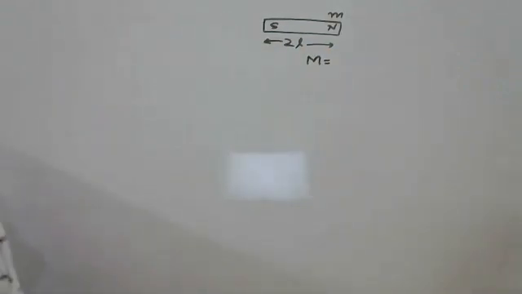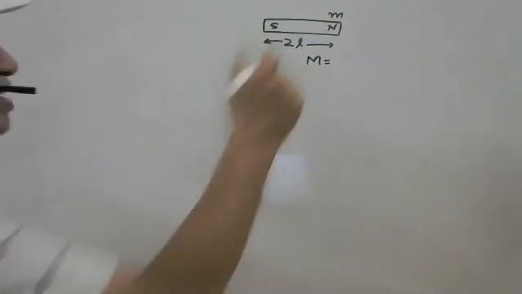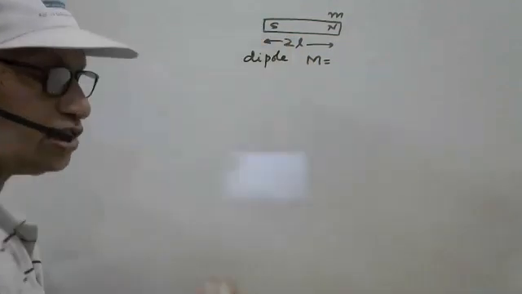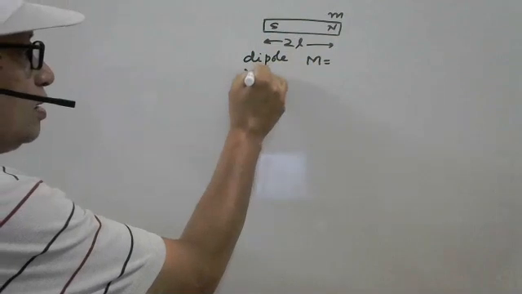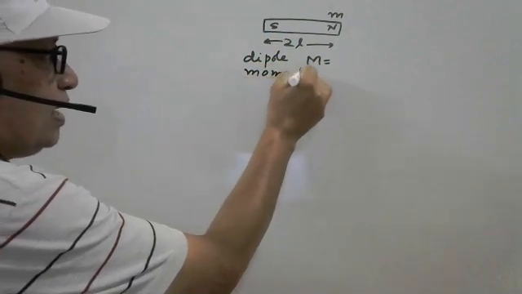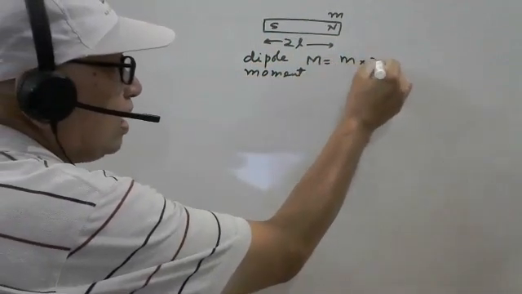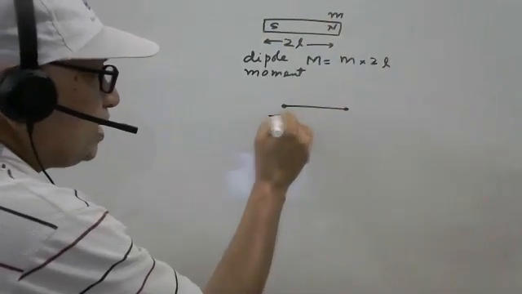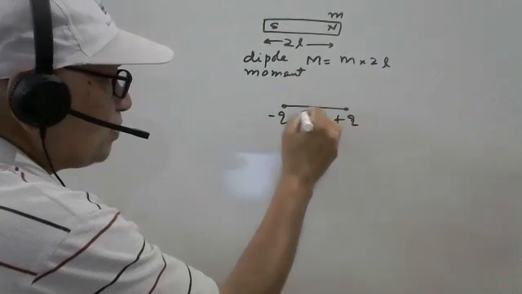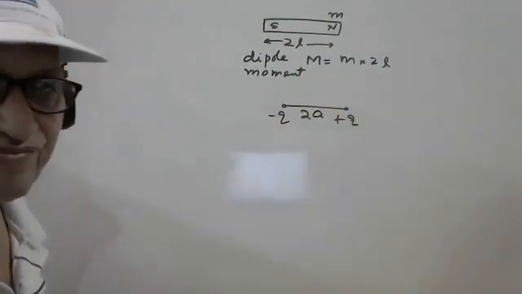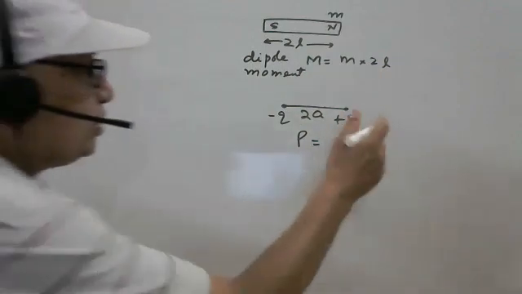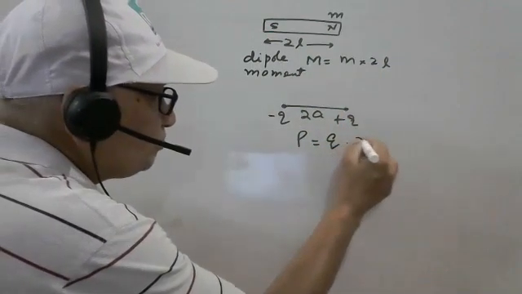Capital M is the dipole moment, just like in electrostatics, given by m into 2l. In electrostatics, with a negative charge and a positive charge separated by a distance 2a, the dipole moment is P equal to Q into 2a.